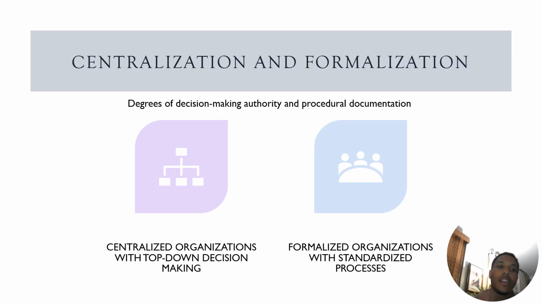For centralization and formalization, these are the degrees of decision-making authority and procedural documentation. Centralization refers to the concentration of decision-making at higher levels of the organization. In a highly centralized organization, most decisions are made by top management: CEOs, COOs, CFOs, people in executive positions.